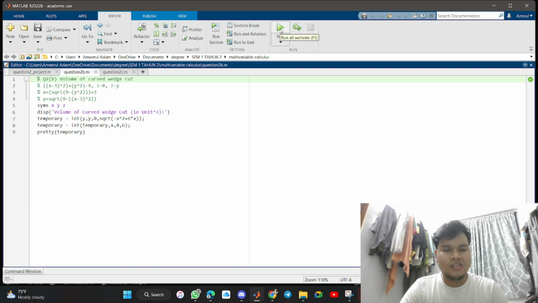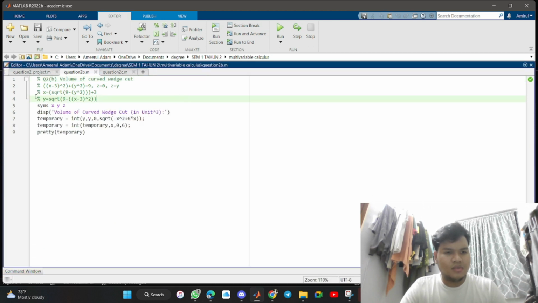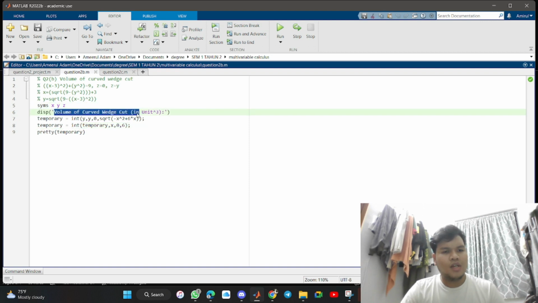For B, we calculate the volume of the curved wedge cut, and the answer is 18, same as the manual calculation. Then display the value of the curved wedge cut in unit power of 3.